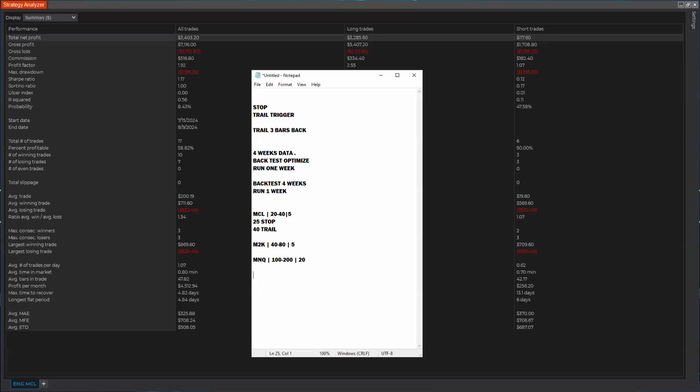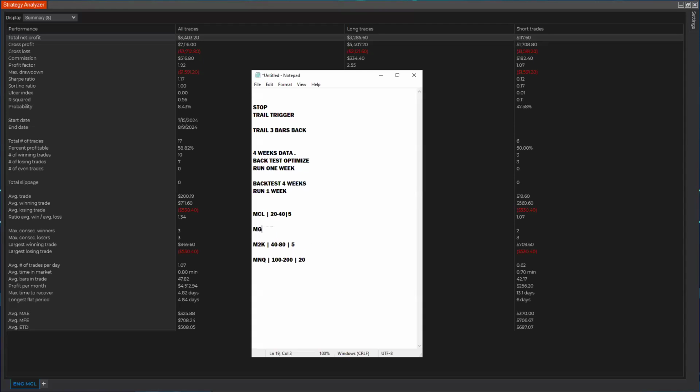You can come up with your own numbers. Maybe for NQ, you want it to be 80 to 240. I don't know. Maybe 200 is too big for you and you want to go to 160. And maybe 20 is too broad and maybe you want it to go down to, I don't know, 8. However you want to do it. Okay. This is just a starting point and you can do what you like.